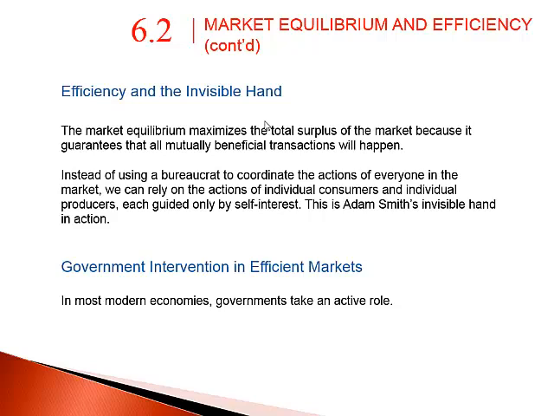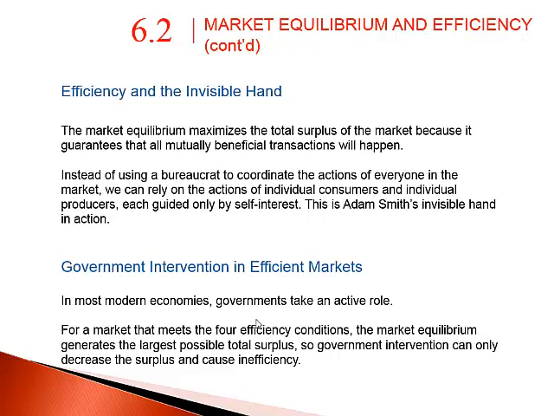However, in modern economics, governments take a very active role. And we're going to see what exactly happens. For a market that meets the four efficiency conditions, the market equilibrium still creates the total surplus. So government intervention can actually decrease the surplus and cause some inefficiency.